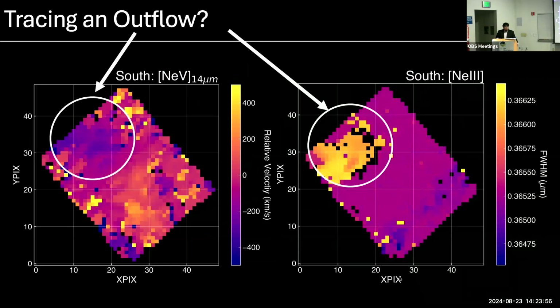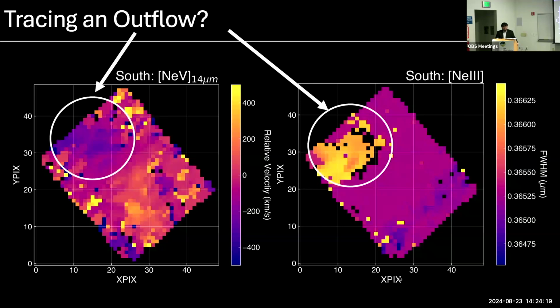Yeah, so we found this feature very recently, as in this week. So we haven't really probed too many lines. So one thing that we want to do is try to identify which lines this outflow feature is present in. Just by looking at the data cubes themselves, it's in iron lines, it's in argon lines, it's in the other neon lines, and it's in some of the molecular hydrogen lines.